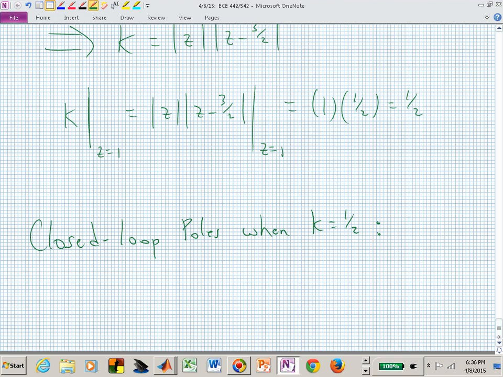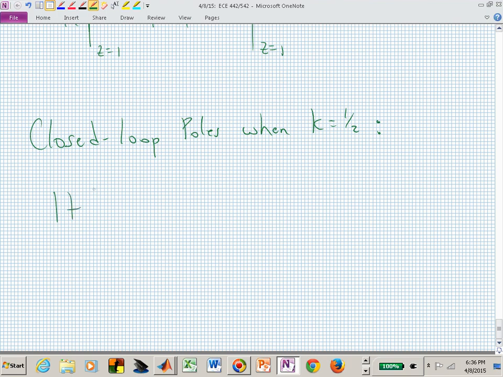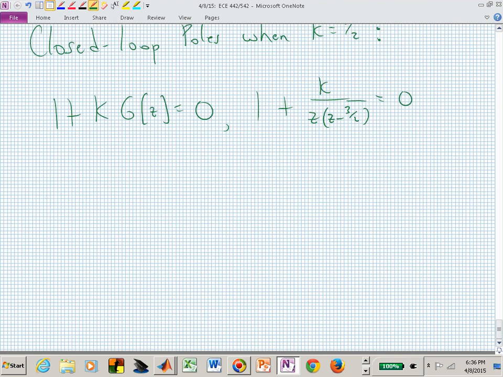Well, we know what the formula is. That's 1 plus k g of z equal to 0. We have 1 plus k z minus 3/2 equals 0, and we're really just interested in the numerator of that expression. That's when the whole thing will vanish.